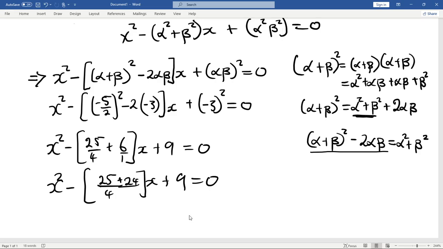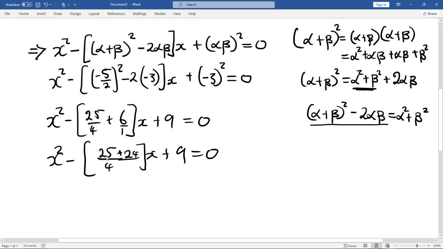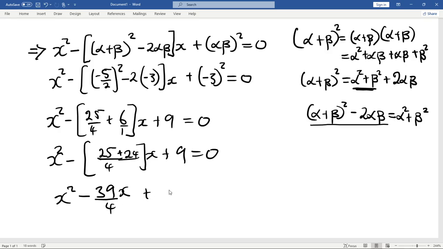Then we add the numerators: x squared minus 25 plus 24, we get, oh, that's 49, sorry, not 39, so 49x divided by 4 plus 9 equal to 0.